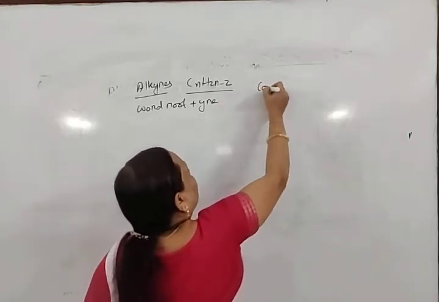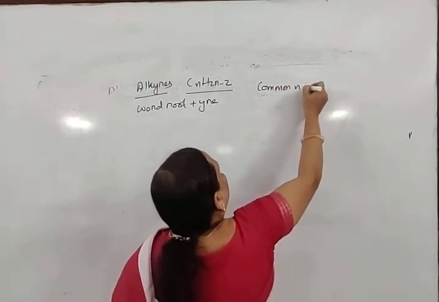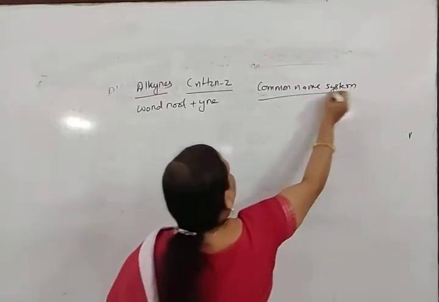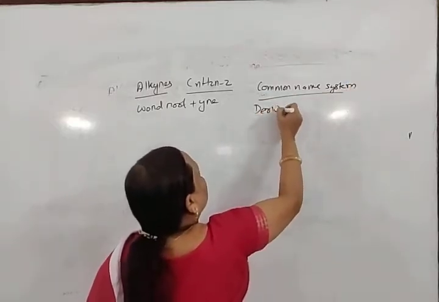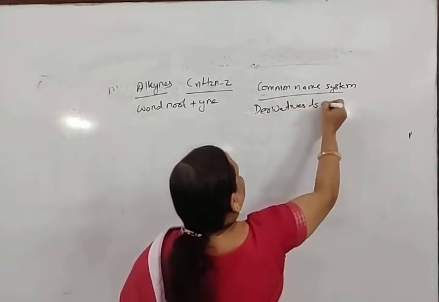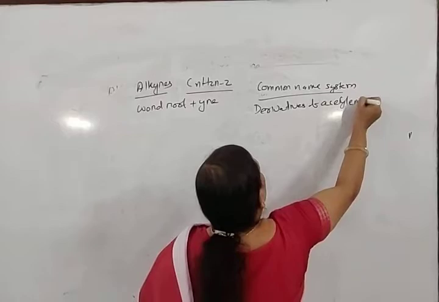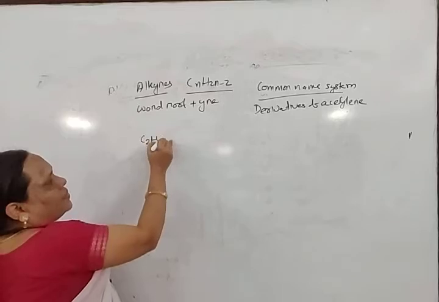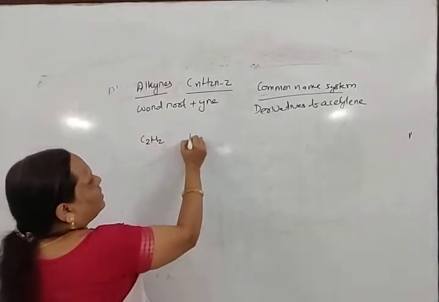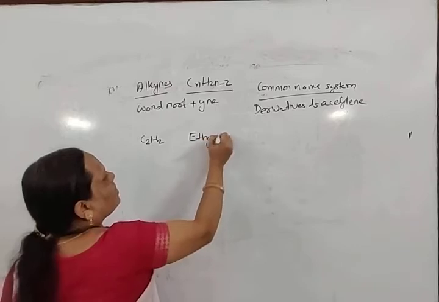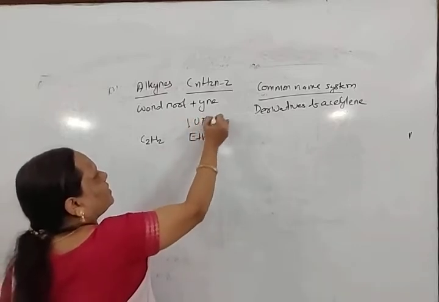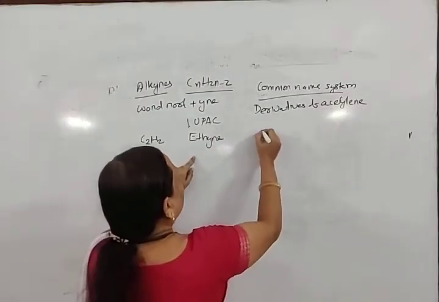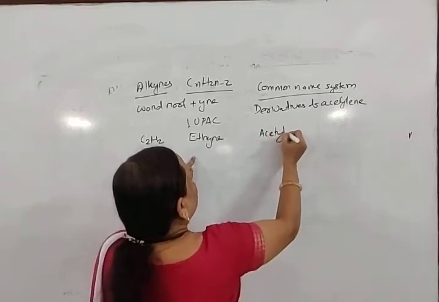The starting compound is C2H2, whose IUPAC name is ethyne, and in the common name system it is known as acetylene.